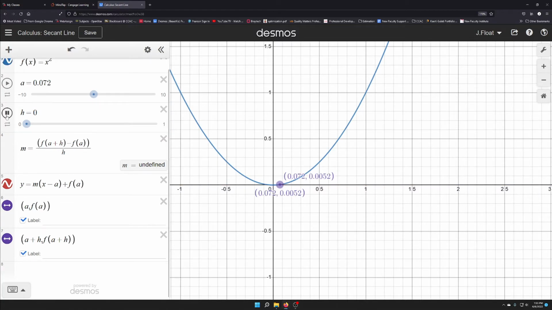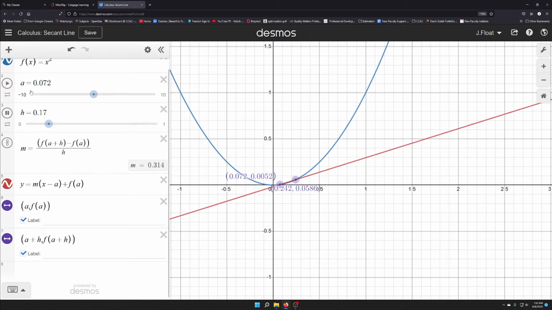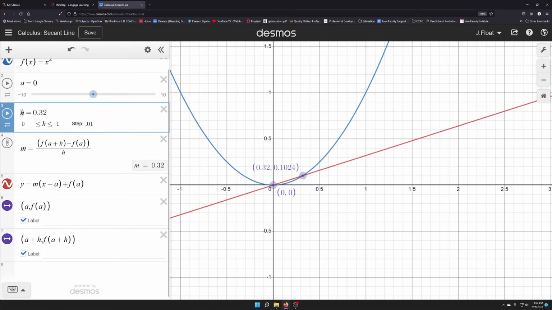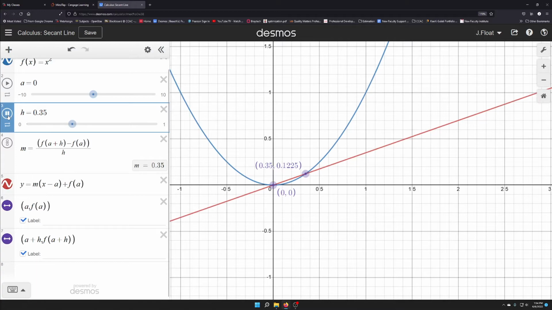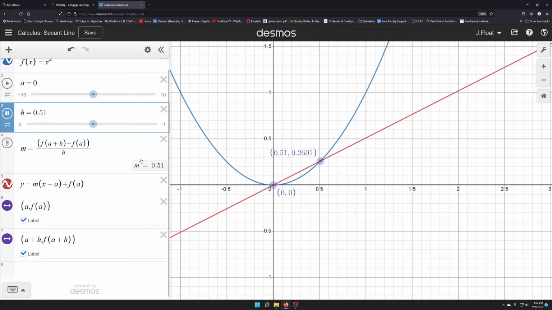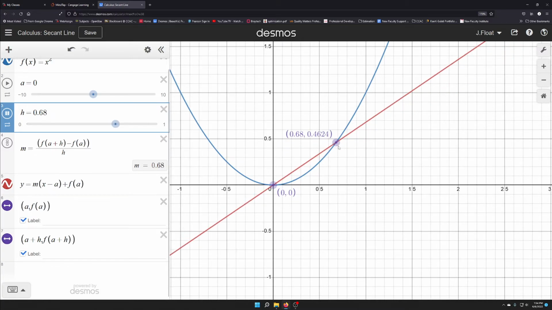I'm going to hit play now. When we allow this distance, this h right here, to get bigger, notice our slopes are increasing, and we're getting this secant line.